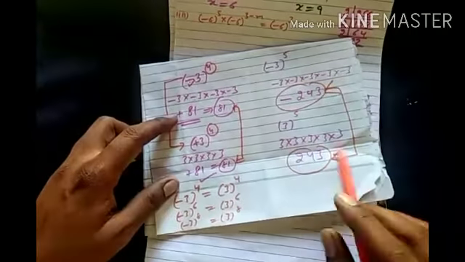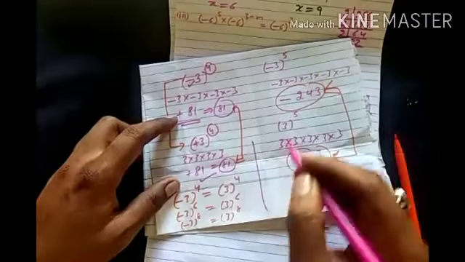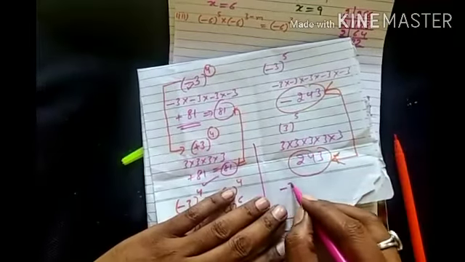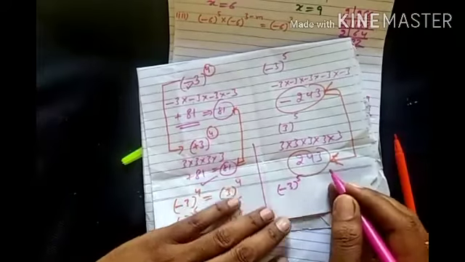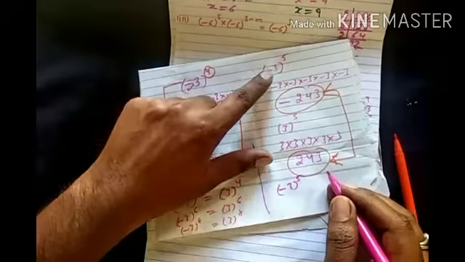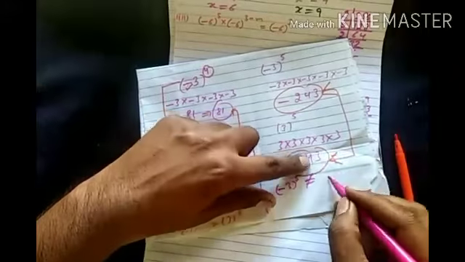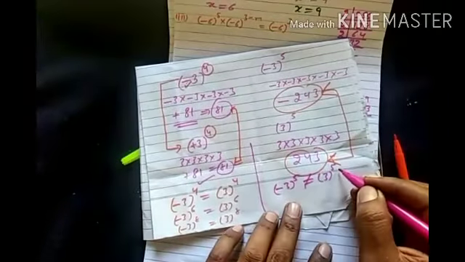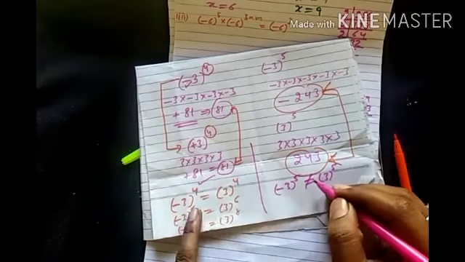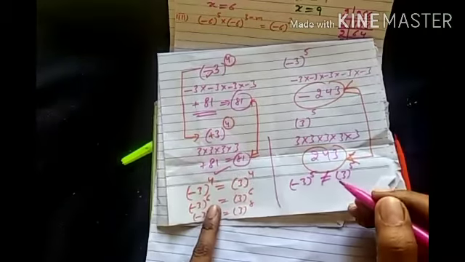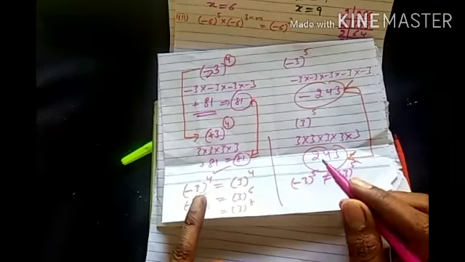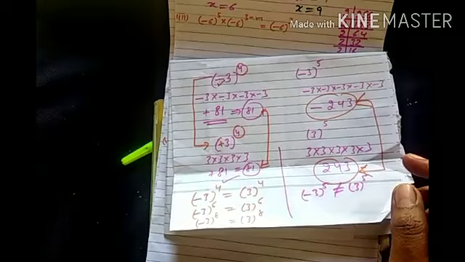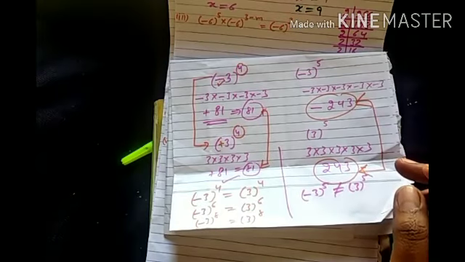But in this case we observe that the answer is not the same, therefore we can say that minus 3 to the power 5 is not equal to 3 to the power 5. Why? Because the power is odd. So we can take the help of this result to interchange the sign of the base when the power is an even number.